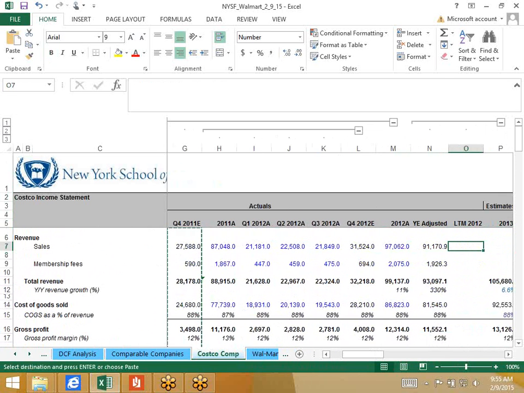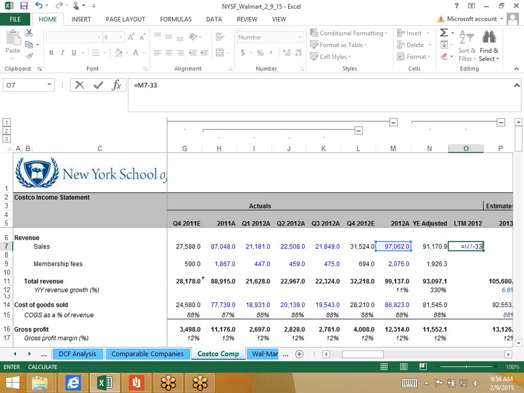You might have to do this for comps. And we can now make our adjustment to get to an LTM that's in line with Walmart, which is July 31st, 2012. And we said on the board we're going to do this by taking the year-end 2012, as of September 2nd, and subtracting out 33 out of 119 days of Q4 2012.